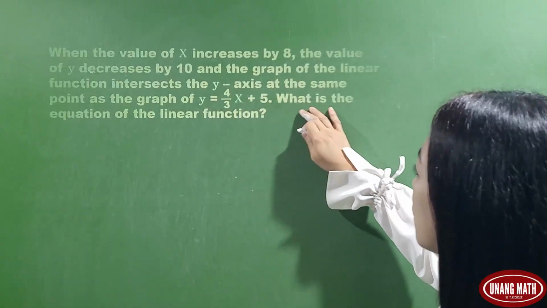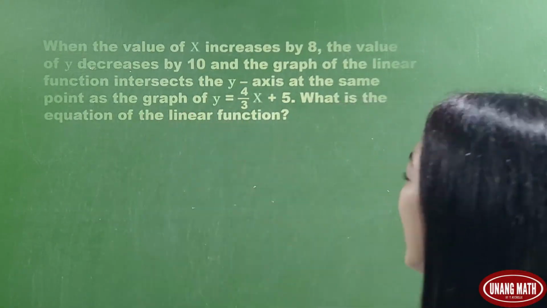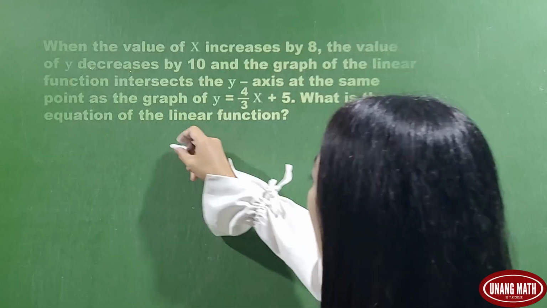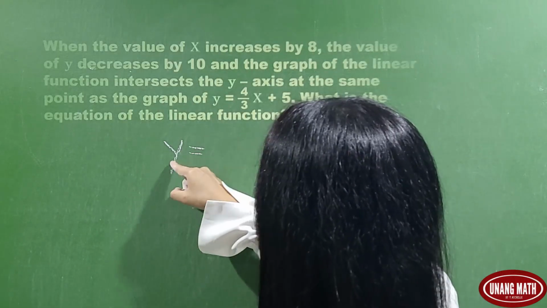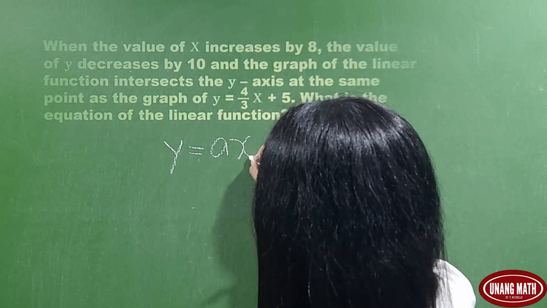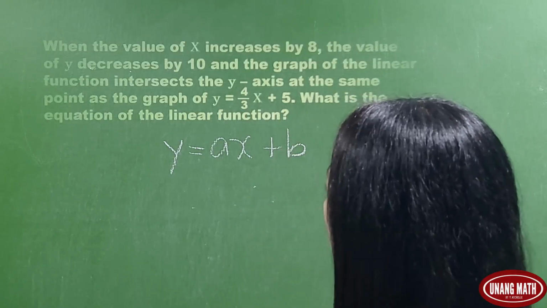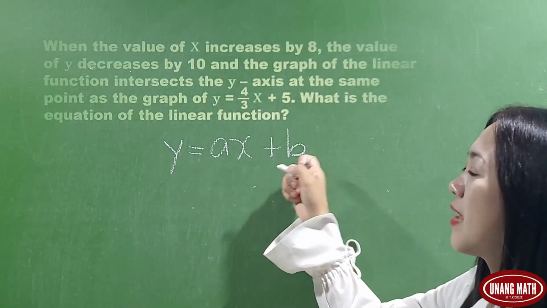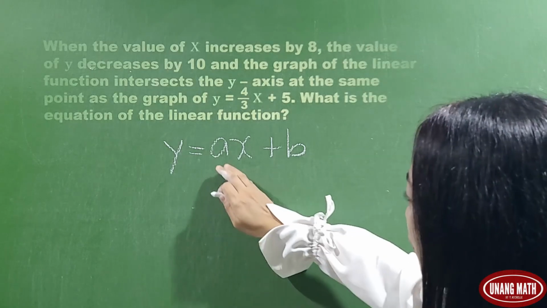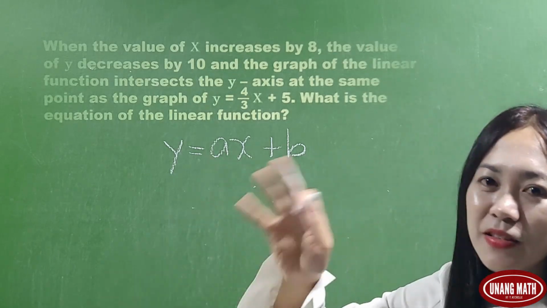Okay, the question is, what is the equation of the linear function? Okay, a linear function is in the form y is equal to ax plus b. A is our slope and b is the y-intercept. So we have to find out what the slope is.